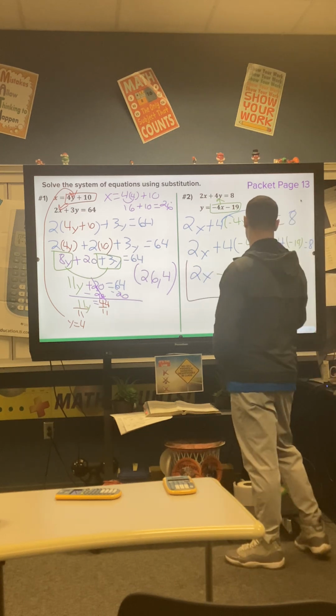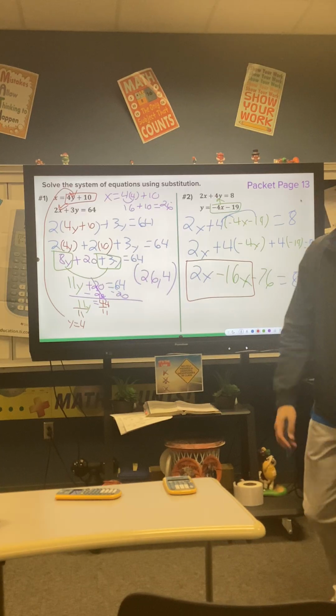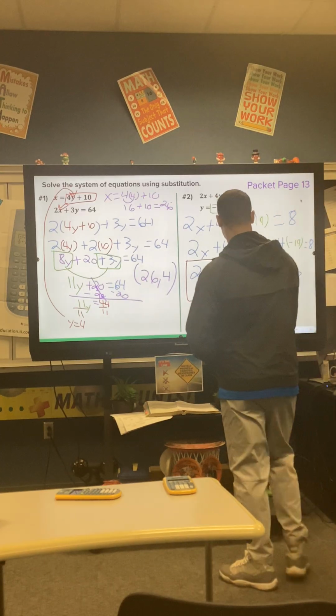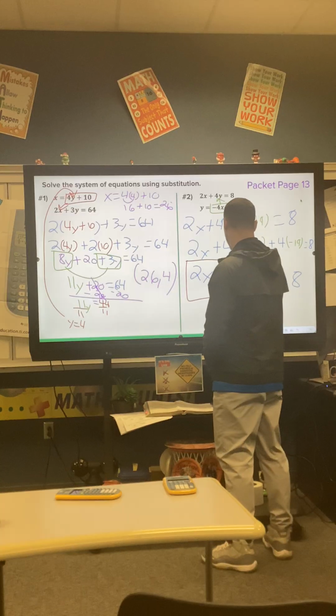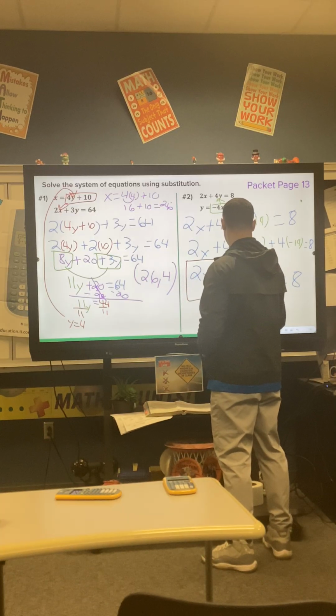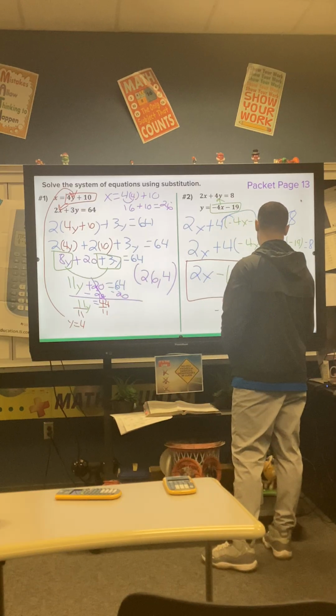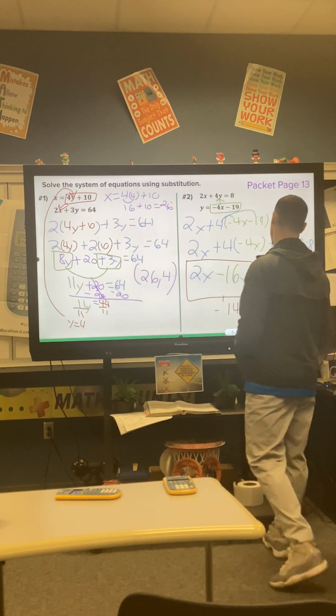So I see like terms, I'm going to start with combining these. So 2 minus 16, x should give me a negative 14x. I still have my minus 76 is equal to 8.